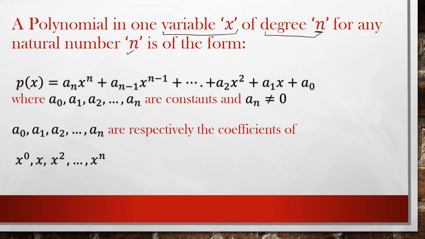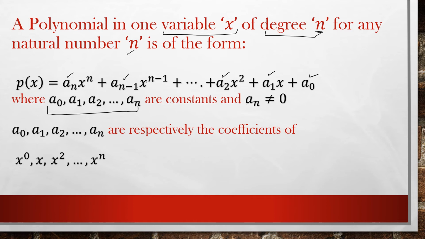Now a0, a1, a2, an minus 1, an, all these are constants. Remember we always use beginning alphabets as constants. So that is why an minus 1, a2, all these are constants.